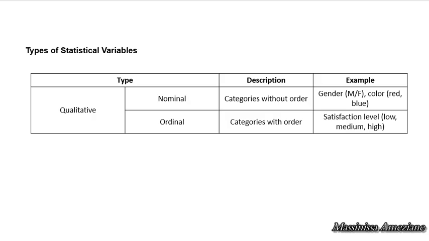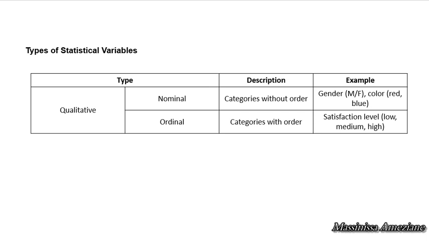Now let's see the types of statistical variables. Generally, statistical variables are broadly divided into two categories based on the nature of the data they represent. So we have qualitative, which is itself divided into two types.